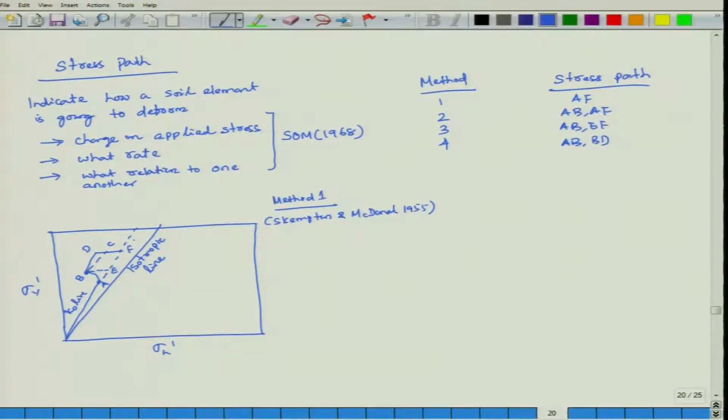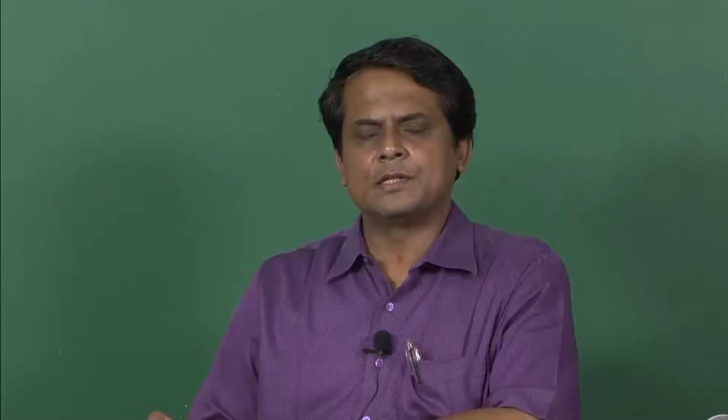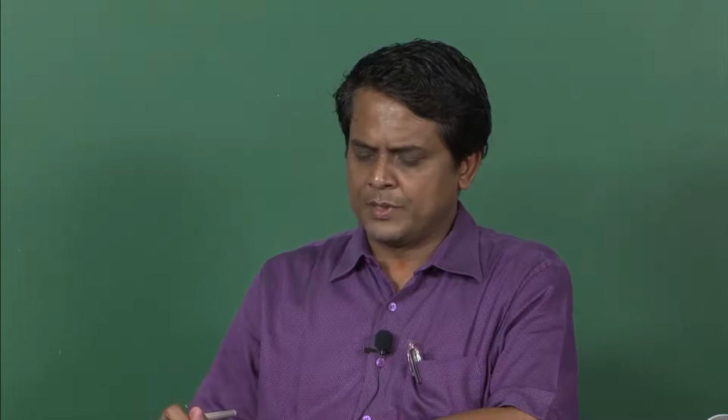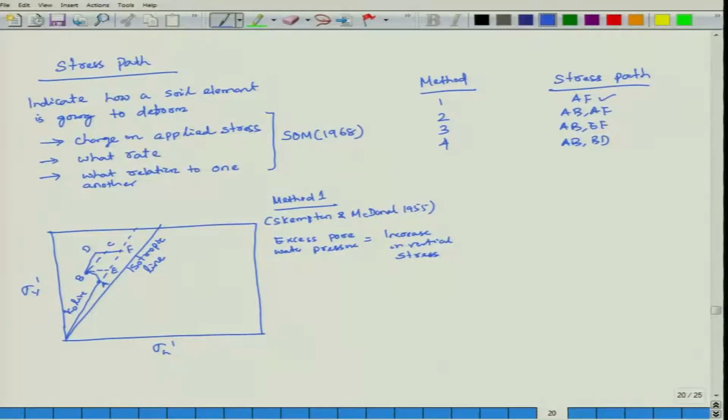That means excess pore water pressure is equal to increase in vertical stress. That means it should be linear. Whatever change in vertical stress you apply is approximately the same as the change in your excess pore water pressure. So, this is your method 1, with stress path AF.